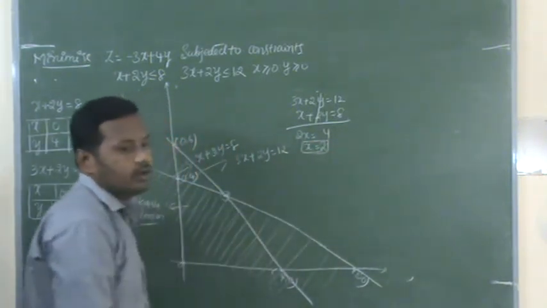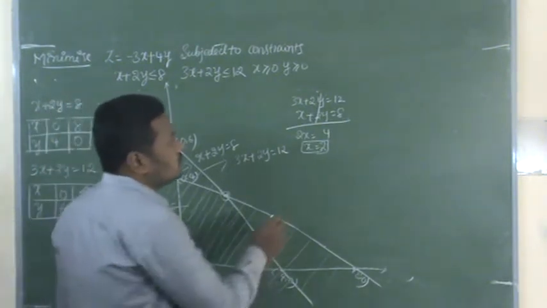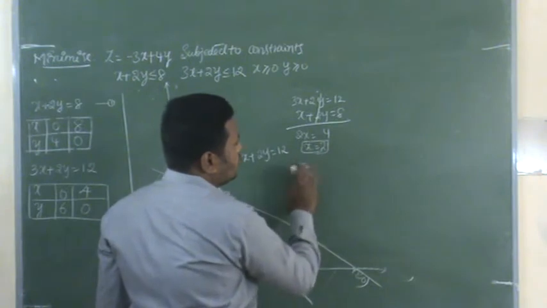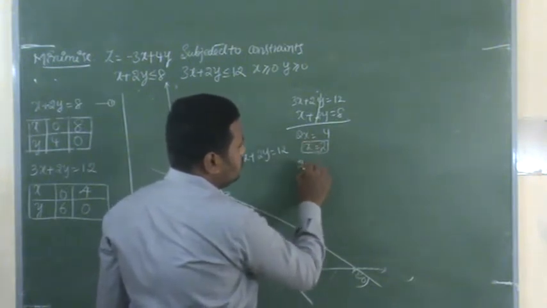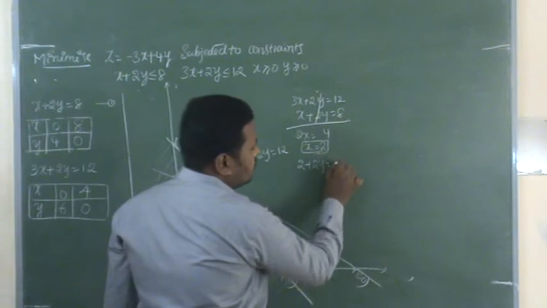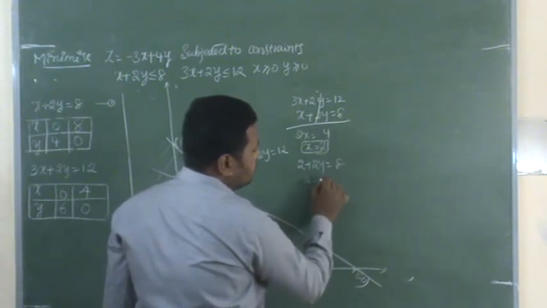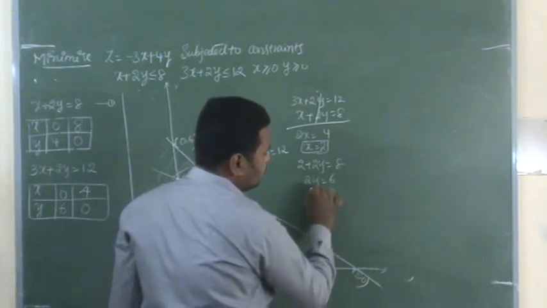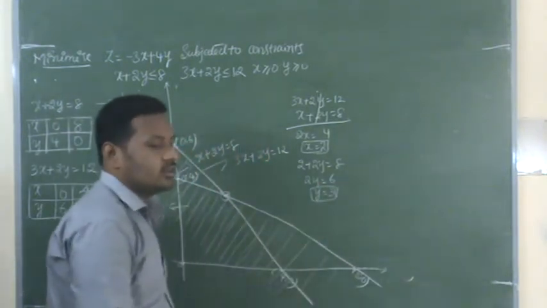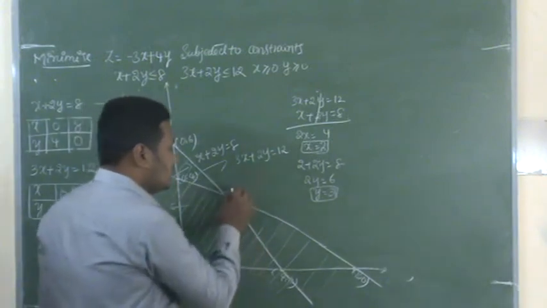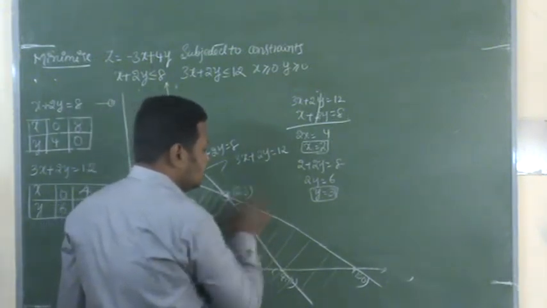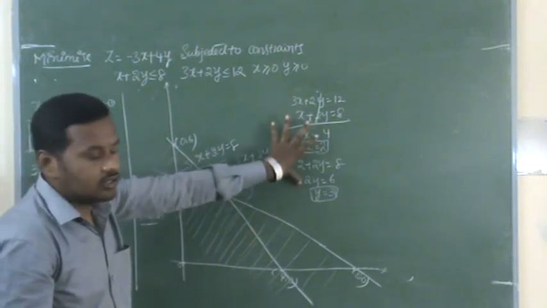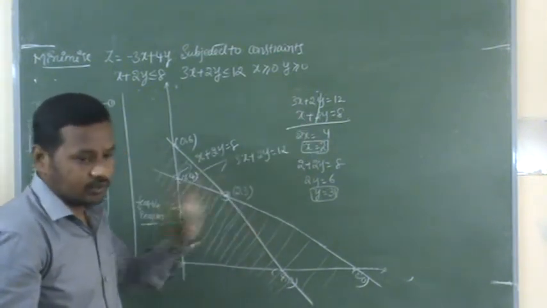Substituting in the equation, 2 plus 2y is equal to 8, 2y is equal to 6, y is equal to 3. The intersection point of the two lines is 2, 3.